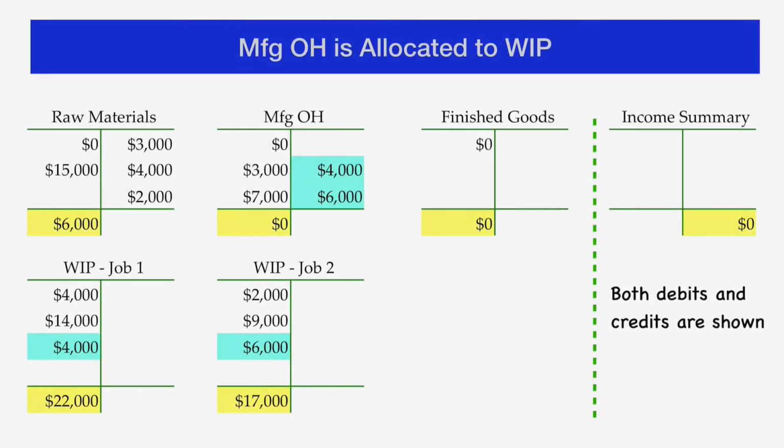But let's assume that we somehow decide that $4,000 worth of overhead should be transferred to job number 1, and $6,000 of overhead should be transferred to job number 2. Notice now that all of the overhead has been allocated to the jobs, and that's required by generally accepted accounting principles. Since the overhead is a manufacturing cost, manufacturing costs have to end up being assigned to products.